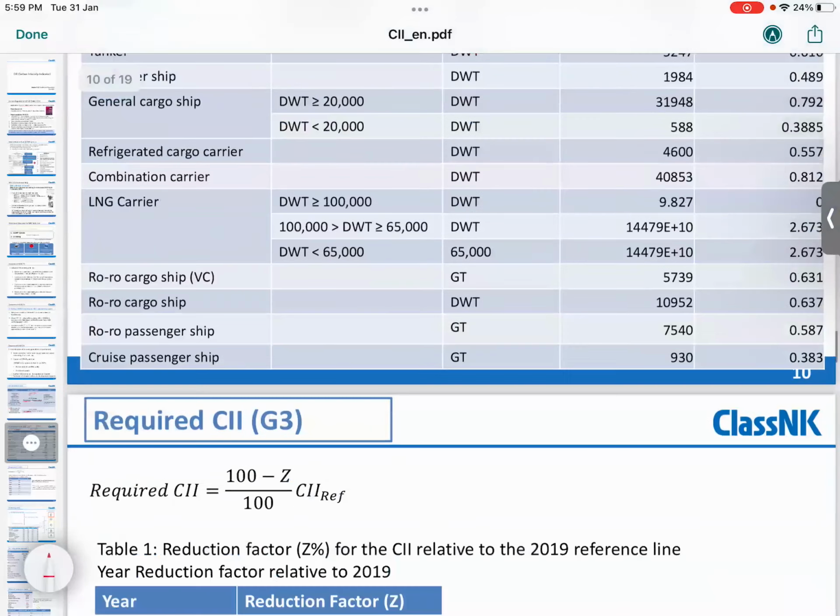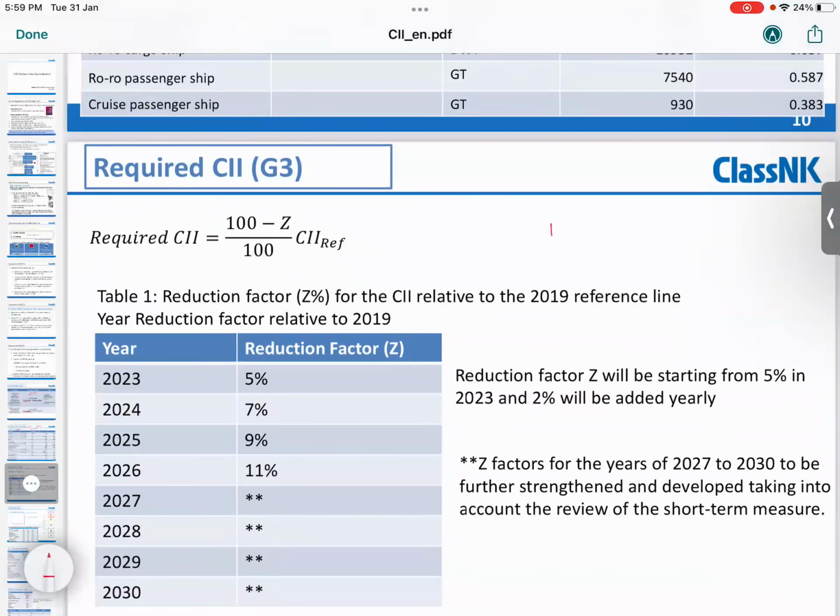So required CII is the same thing, 1 minus Z by 100, into the CII reference value. Same formula. You get your required CII. Do you understand, guys? It is the same, 1 minus Z by 100, that is 100 minus Z by 100.